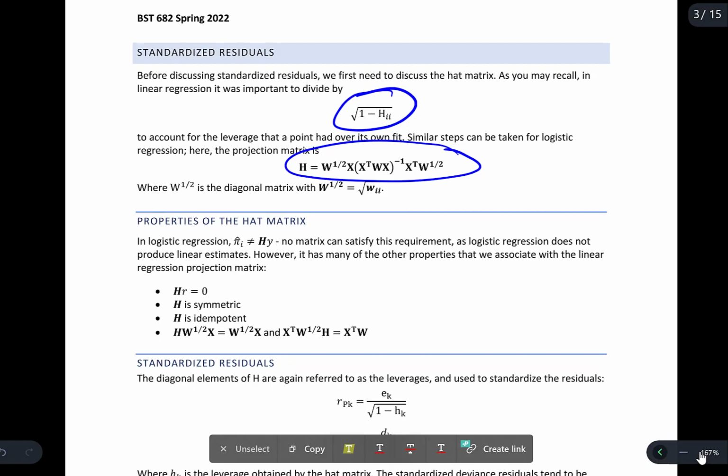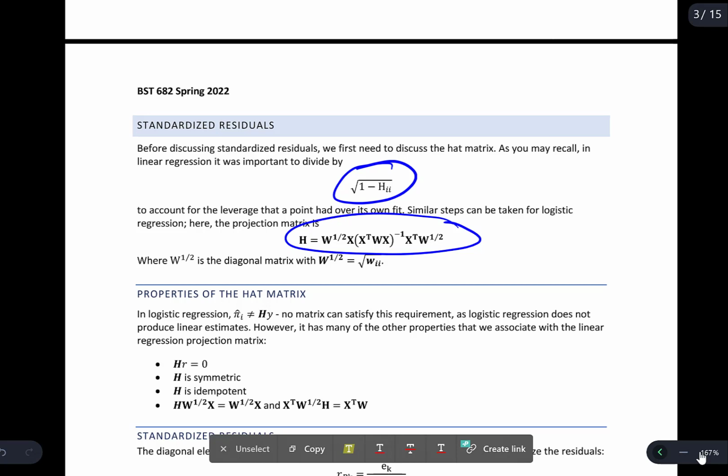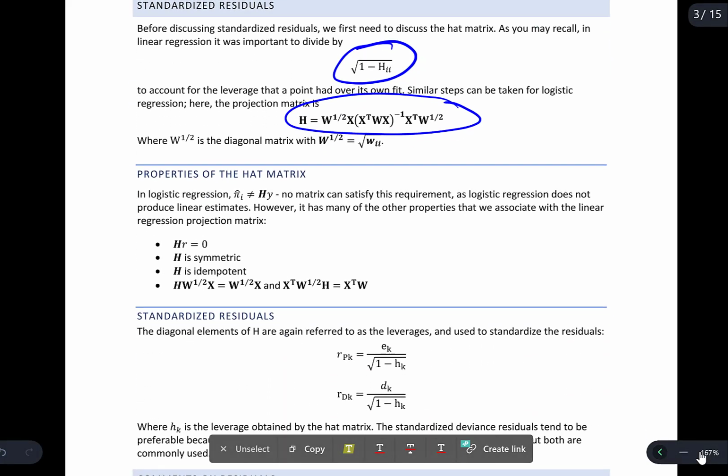Now in your notes, I've included an additional link where you can go and read more about the hat matrix in general. It ends up the hat matrix is really important in regression, and it has some nice properties. Now in logistic regression, it ends up that pi hat sub i does not equal Hy. No matrix can satisfy that requirement as it does not produce linear estimates.